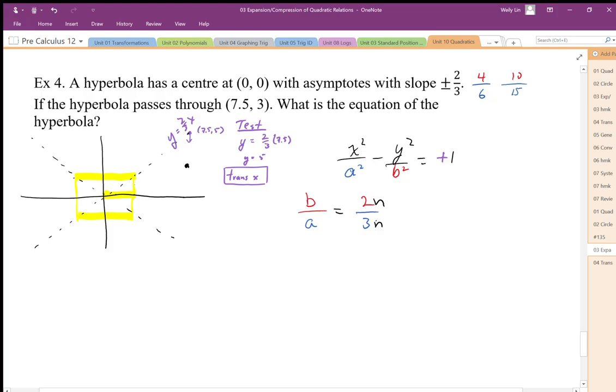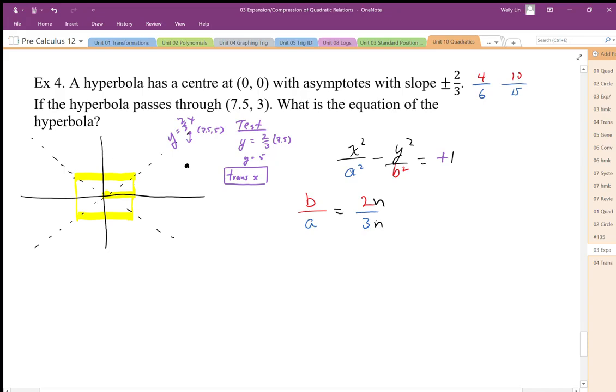So this is what we're going to do then. We're going to just replace the a and b with these expressions, the 2n variable and the 3n variable, and then we're able to express this in terms of one variable, which will make it much easier to solve.